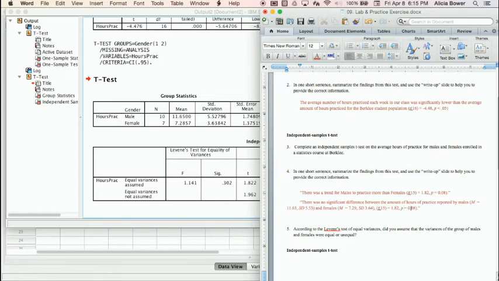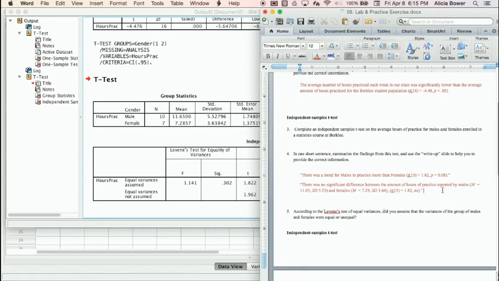I could either say p equals 0.08. I could also say p was greater than 0.05, showing them that it wasn't significant. Or I could just write NS, not significant. But basically that's how I would report it.